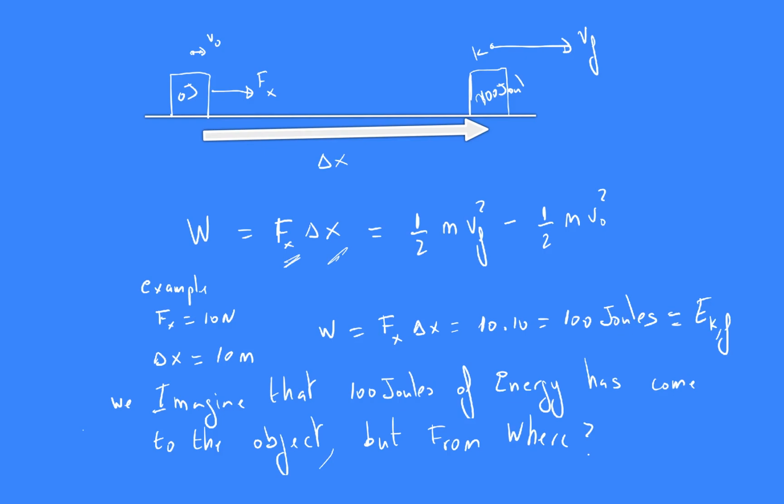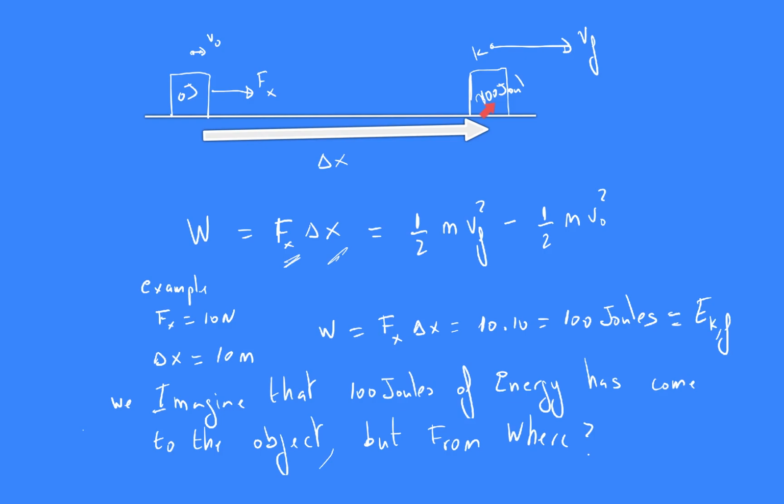So the object has 0 joules of kinetic energy, and after he is displaced 10 meters, he has 100 joules of kinetic energy. So the question is, if I have done a work and the object has gained 100 joules, where do the 100 joules come from?